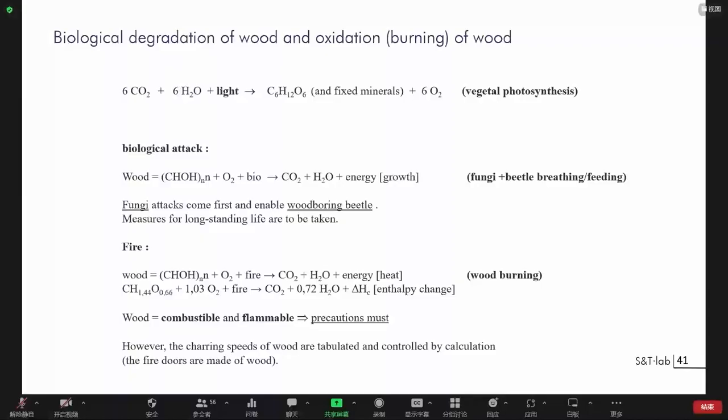So wood is a combustible and flammable material due to its anatomical composition and due to the fact that, in the end, the global energy produced will be positive. But if we look more in detail into this, it is not that easy.